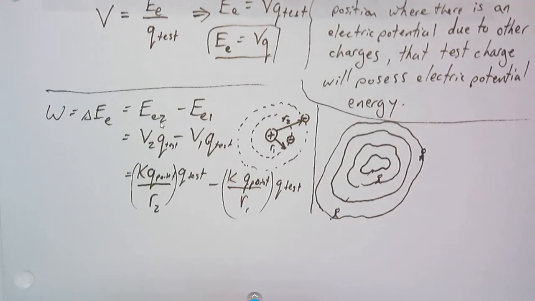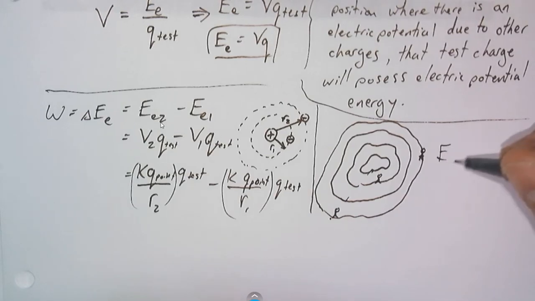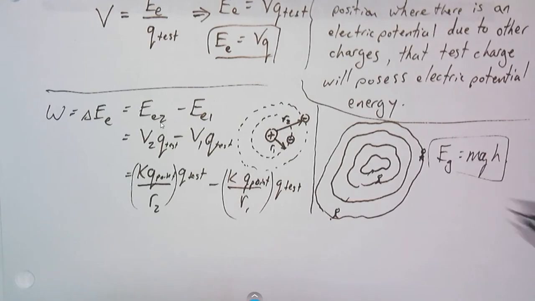And we never talked about them as equipotential maps in geography class. We just talk about them as common height maps because we know that gravitational potential energy has some sort of relationship with mass times acceleration due to gravity times height. We know that the mass of the person didn't change, the acceleration due to gravity didn't change, it's the height that changed.